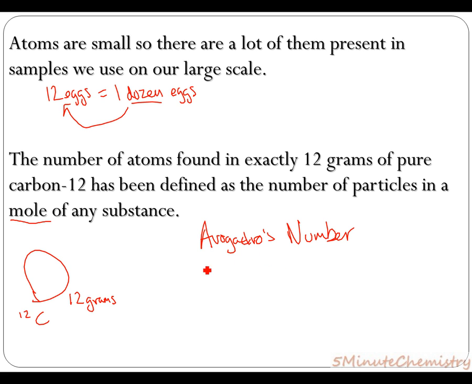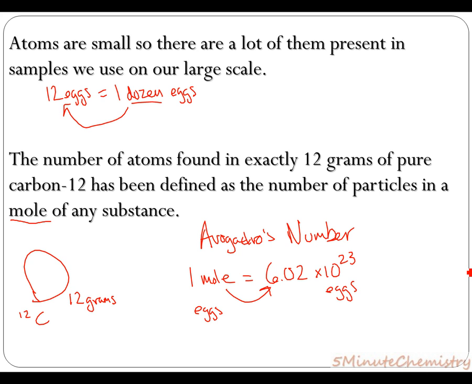Now, 1 mole is equivalent to 6.02 times 10 raised to the 23rd power. So 1 mole, this unit mole, like dozen, refers to that number of pieces. So 1 mole is this many pieces, particles. So if I had 1 mole of eggs, we're talking about 6.02 times 10 to the 23rd eggs.